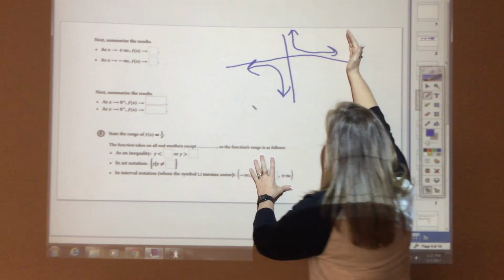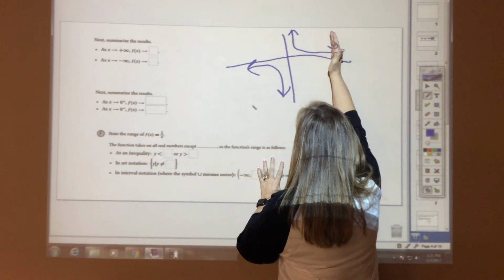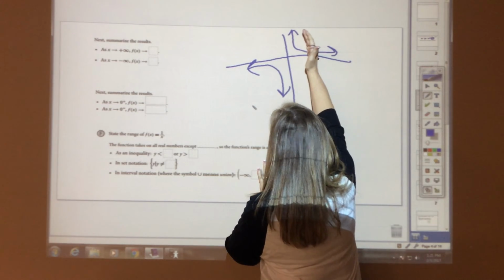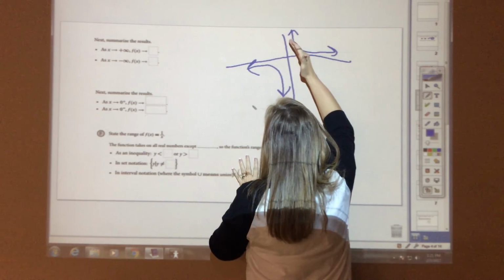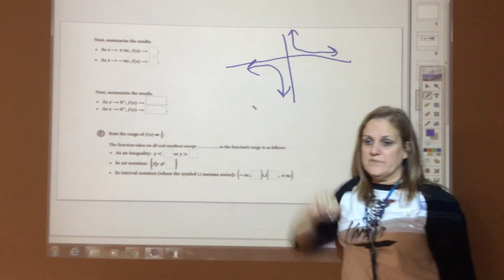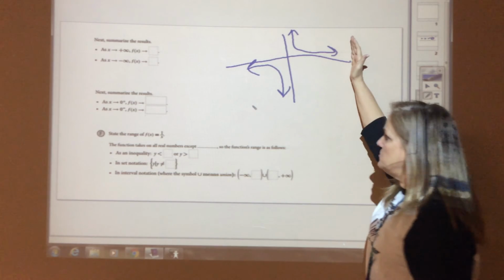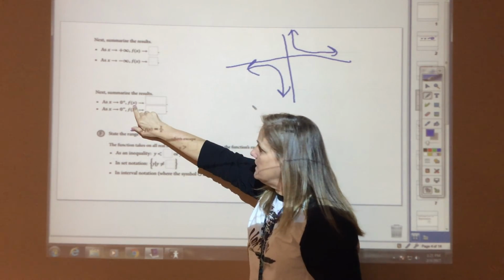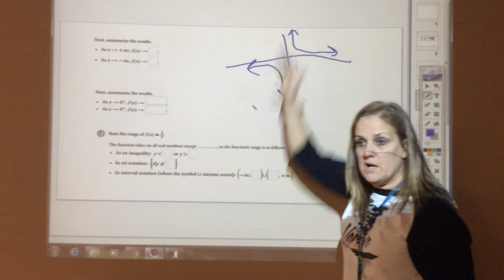So as my graph moves towards 0 from the positive side, what does my y do? Approach what? Positive infinity. That's all it's saying: x approaches 0 from the positive side, f of x approaches positive infinity.